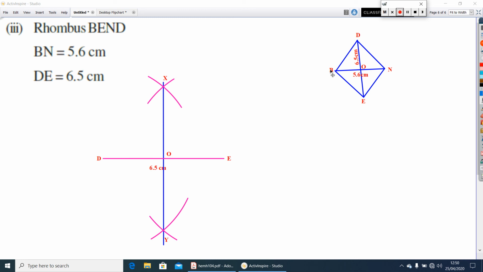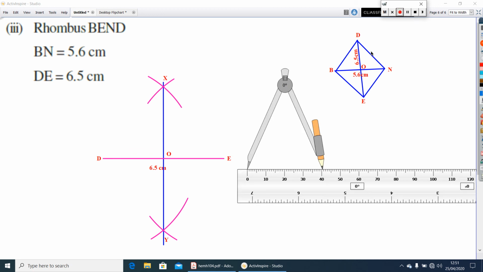Now you know the diagonals are perpendicular bisectors. That means it bisects DE, and since the diagonals are perpendicular bisectors, OB and ON are equal. That means BN is equal to 5.6, so OB and ON are half of 5.6, that is 2.8.